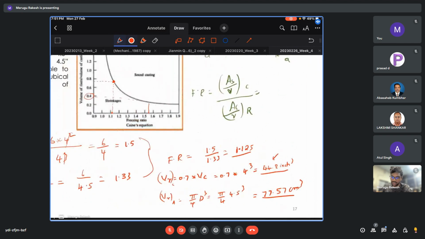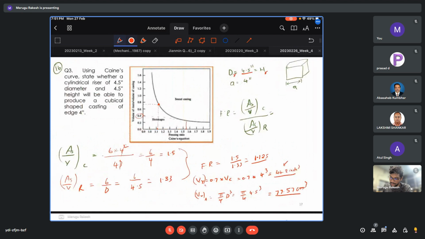Okay, then it is able to produce the cubical casting of edge 4. So volume of riser by volume of casting will be somewhere here.